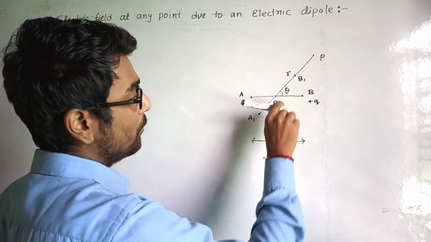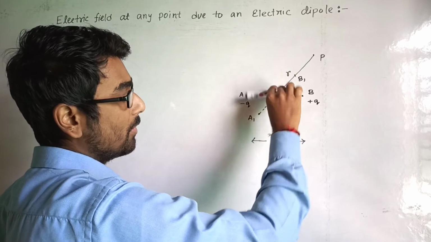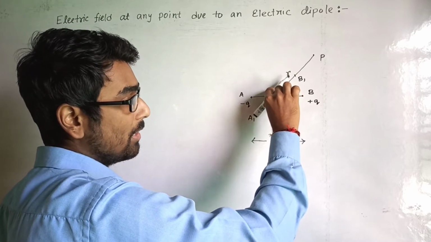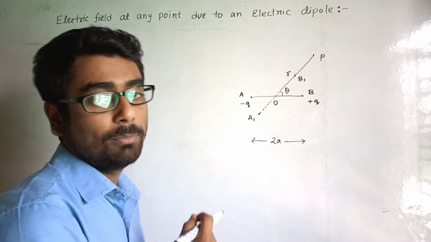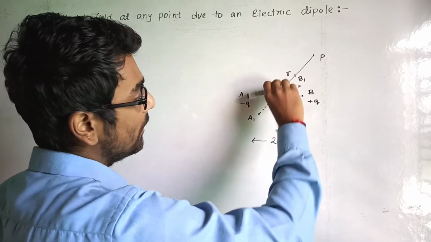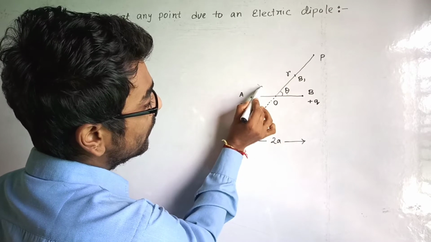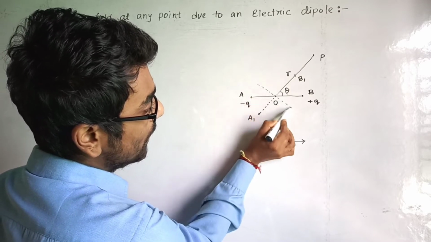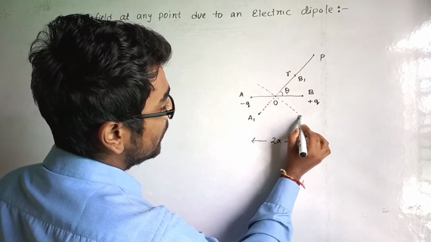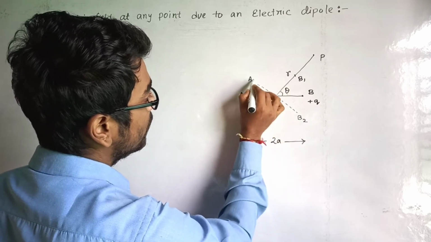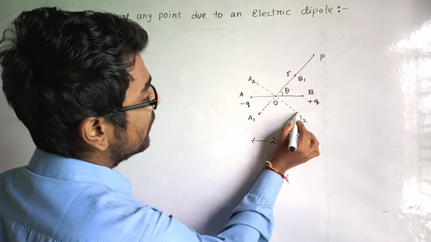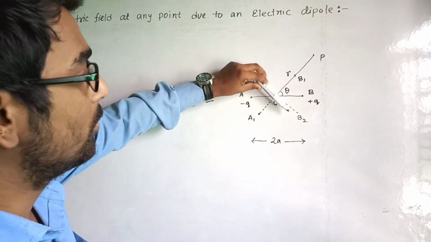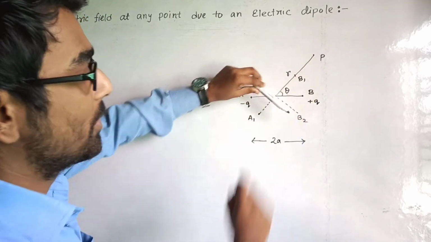Here, if we rotate it by theta angle, the point P will lie on the axial point. Similarly, if we rotate it in this direction, it will be B2, A2. Then for A2, B2, the P lies on the equatorial point.